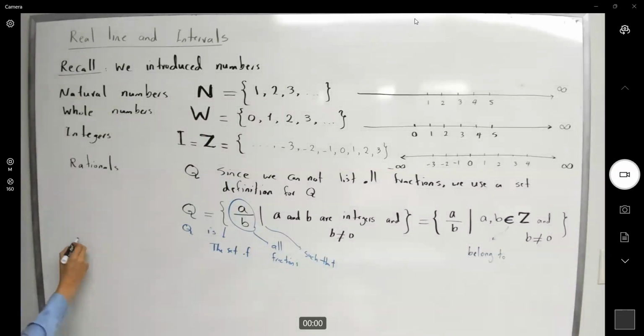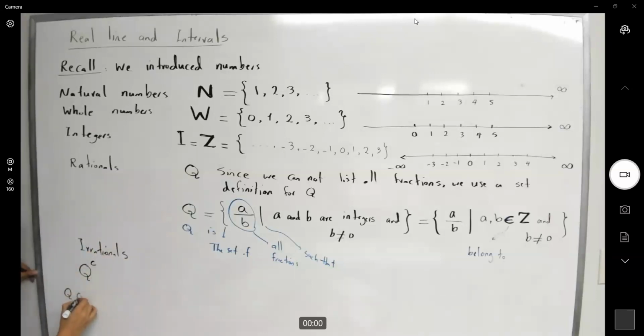So irrationals are denoted by Q complement. The complement of the rationals is called the irrationals.